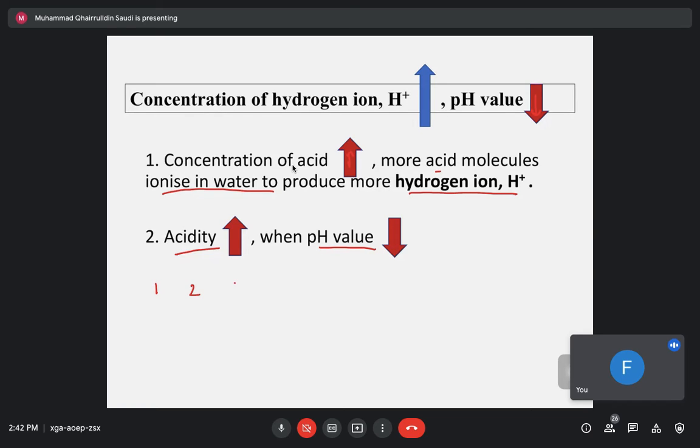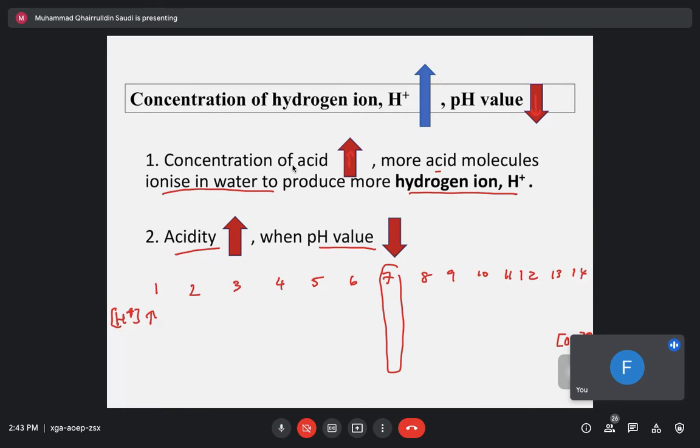1, 2, 3, 4, 5, 6, 7, 8, 9, 10, 11, 12, 13, 14. Okay, sini neutral. Sini hydrogen ion punya concentration X. Sini hydroxide ion punya concentration increase.